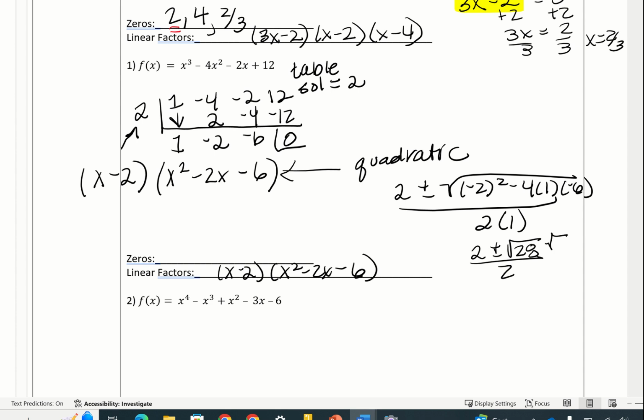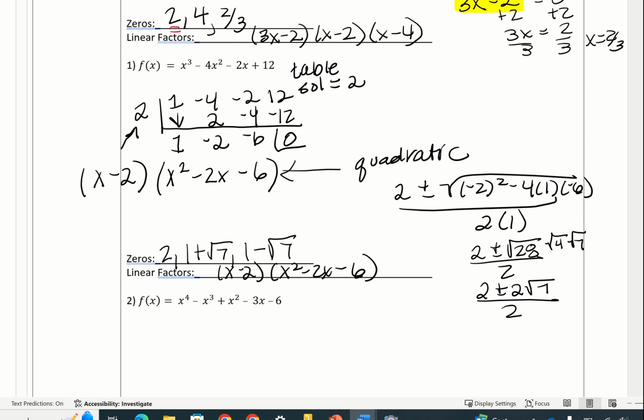And root 28 breaks down to root 4, root 7. And root 4, root 7 is actually 2 root 7. So we get 2 plus or minus 2 root 7 over 2. And then all those 2's can be divided by 2. So it looks like my zeros are going to be 2, and then 1 plus root 7, and 1 minus root 7, because I divide a 2 out of all of them.